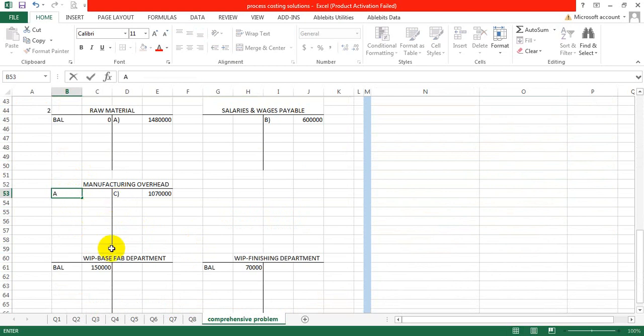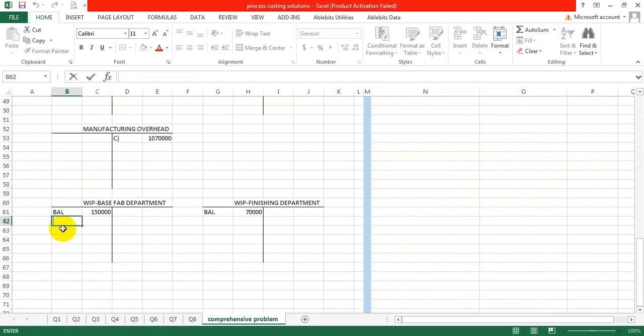First we have written the balance, and now we will write 8,51,000. We have to insert all the values by looking at what was debited and credited in base fab, right? You know the debit and credit rules, right? And this third one is 6,65,000, right? Okay. Now the goods transferred A, B, C, D.